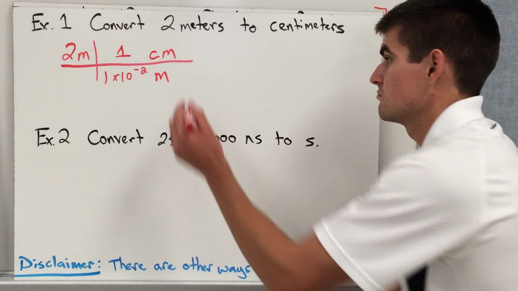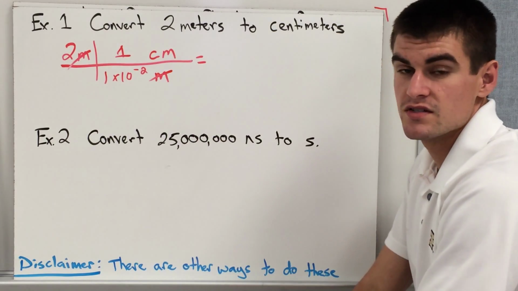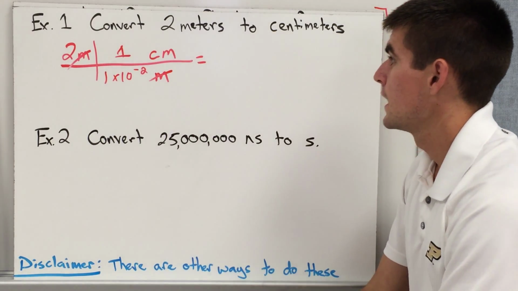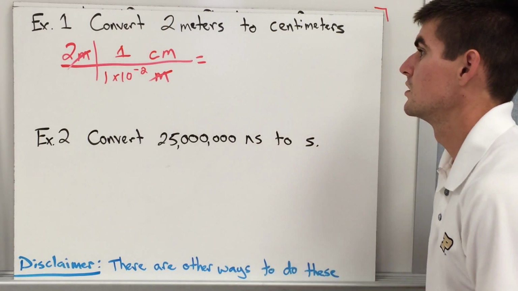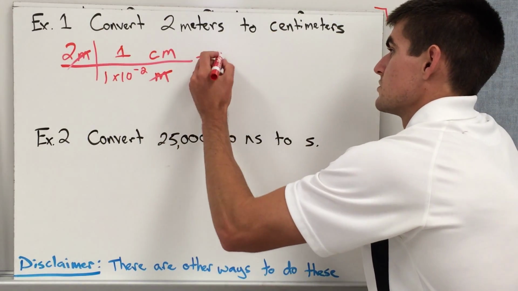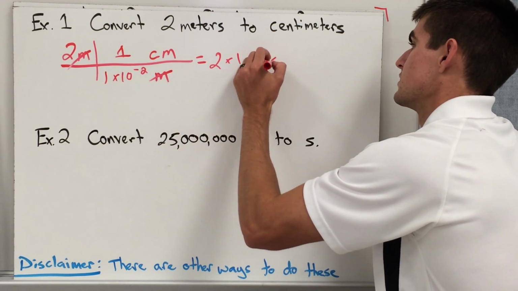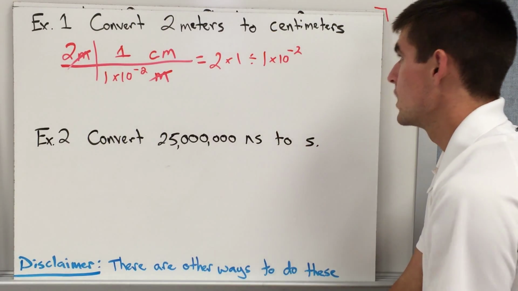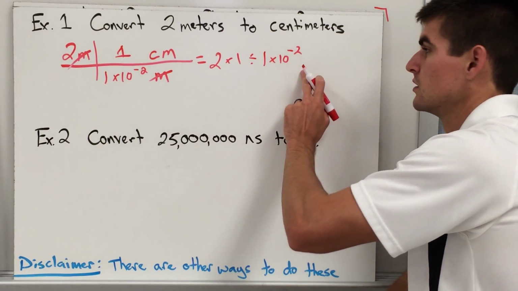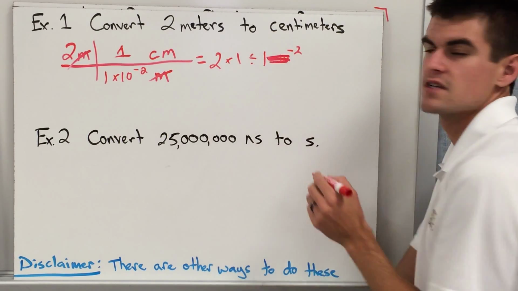Last step, make sure they cancel. Plug this into your calculator and make sure your answer has a label. So this goes into our calculator as 2 times 1 divided by 1 times 10 to the negative 2nd. If you're using a scientific calculator, you never want to hit times 10.